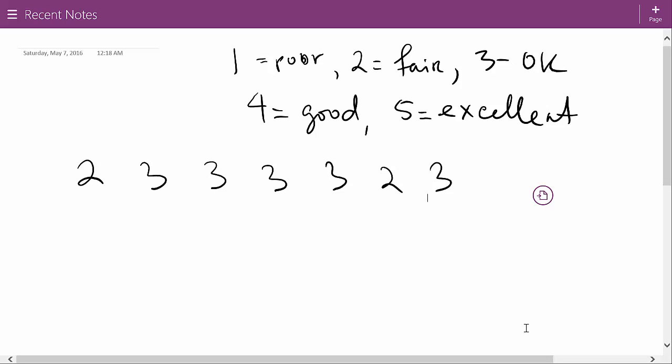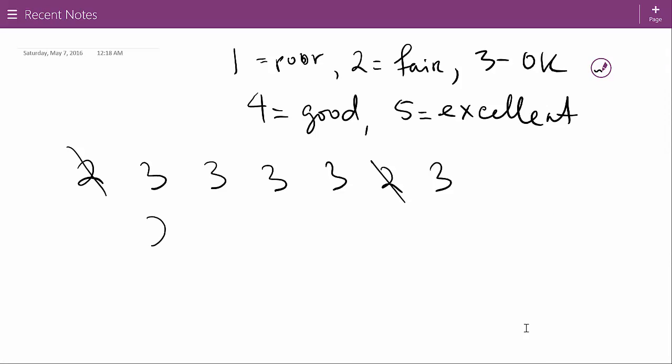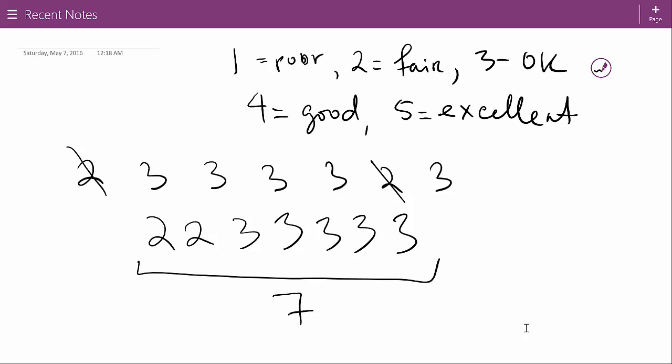All right, so therefore, I can now arrange them from highest to lowest, or vice versa, from lowest to highest, right? So 2 and 2, I'm going to write down 2 and 2, and the rest of them are 3, right? So I have 5 of them. 3, 3, 3, 3, and 3. So this is our data arranged from lowest to highest. This is ordinal data, right? There are 7 data points altogether.